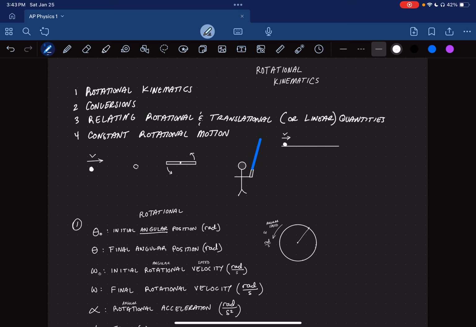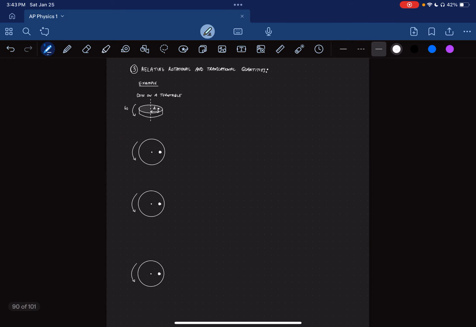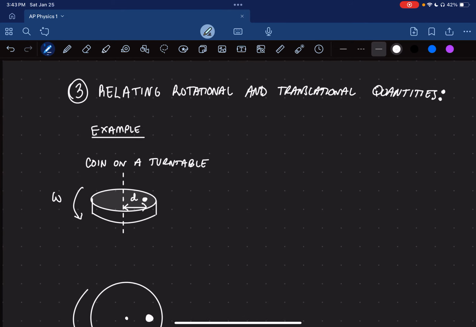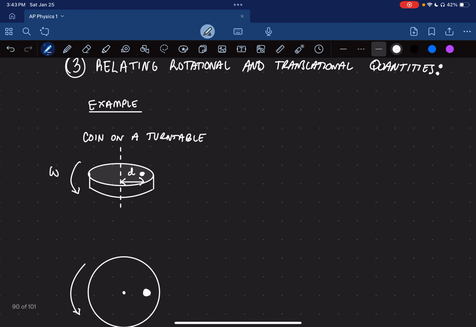Let's talk about relating translational quantities. Okay, so here's our example.